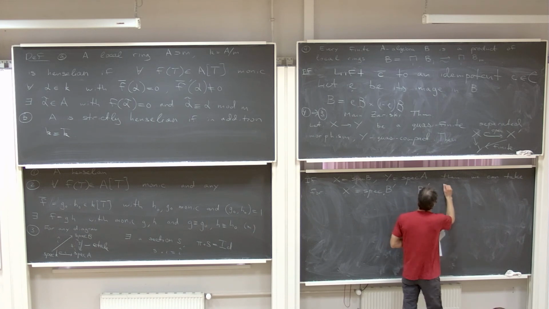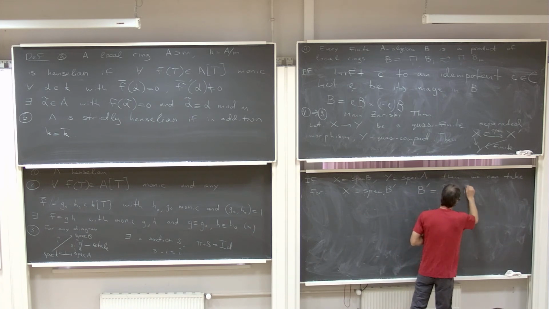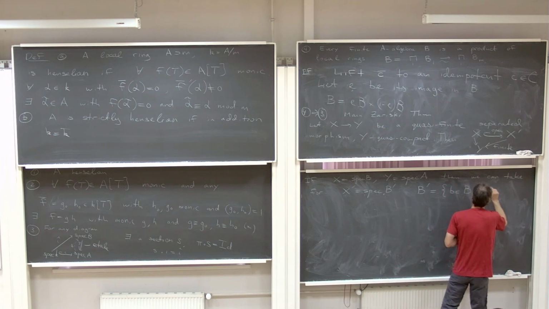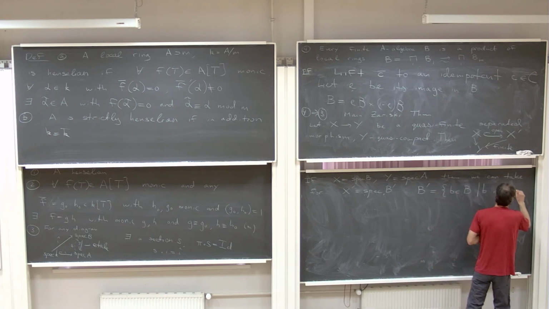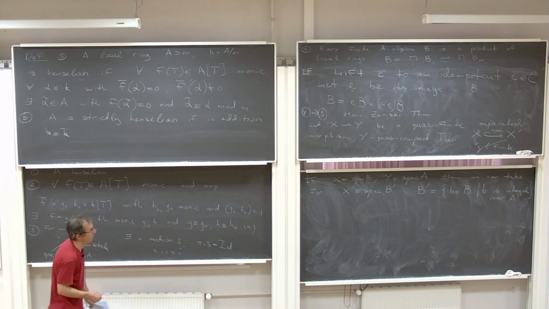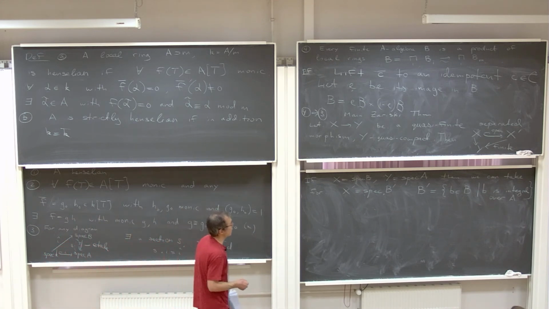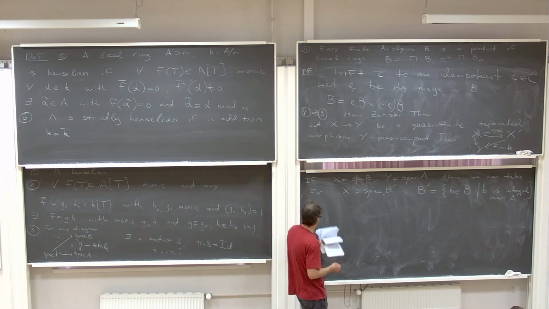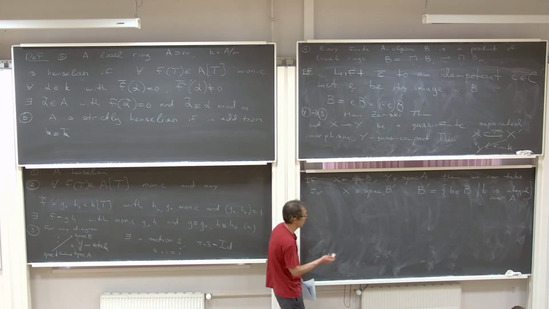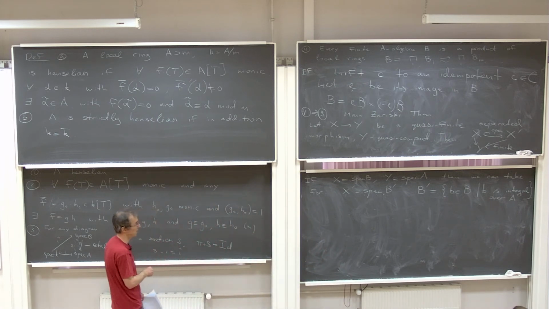B prime is the set of all elements b in B such that b is integral over A. So not every X prime is necessarily of this type, but if you require X prime to be normal, then you must define it by this property.